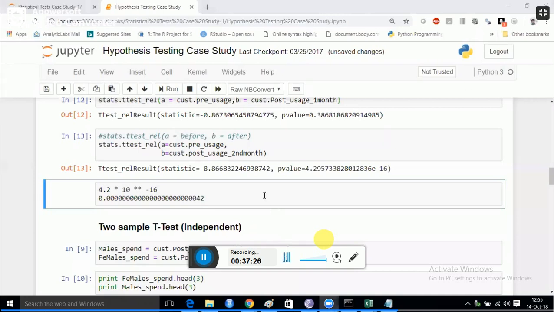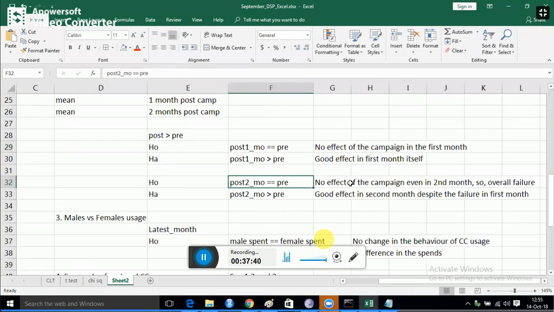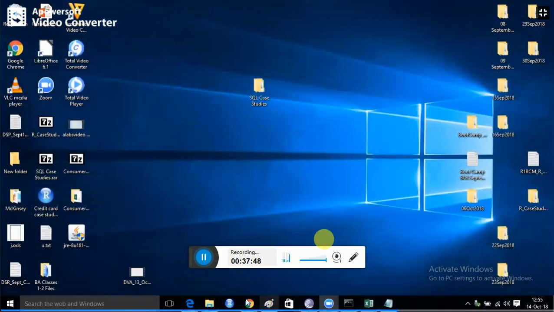If the p-value is low, we'll reject the null hypothesis. Alright, we reject the null hypothesis, everyone. So if you're rejecting the null hypothesis, what do you conclude? Good effect in the second month despite the failure in the first month. That's it. Right? Next one.